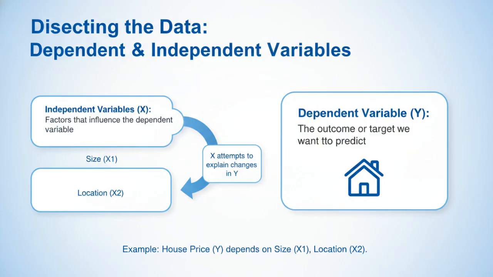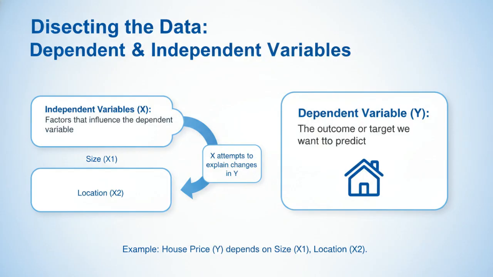To truly grasp regression, we must understand its fundamental components, variables. We primarily deal with two types. First, the dependent variable, often denoted as y, is the outcome or target we are trying to predict or explain. This is the what we want to forecast.